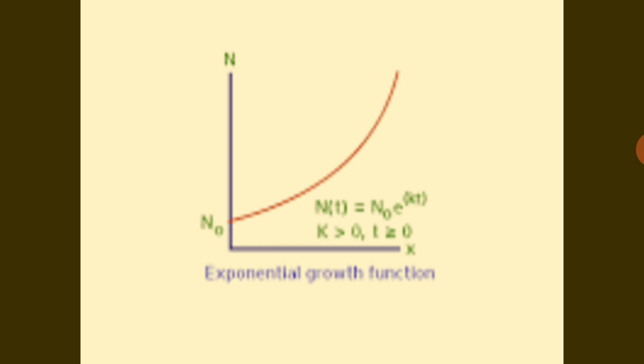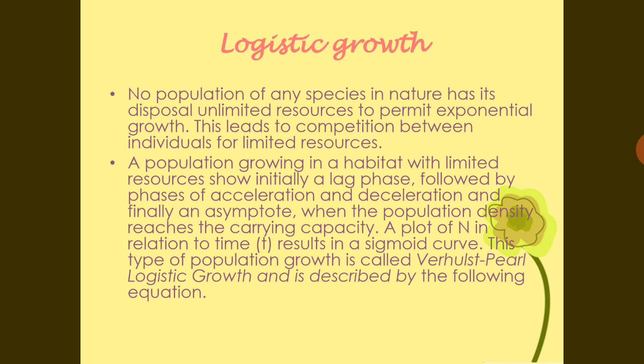The other growth model is known as logistic growth. What is logistic growth? It describes a situation in which the resources present in the environment are very limited. In nature, a given habitat has enough resources to support a maximum possible number, beyond which no further growth is possible.